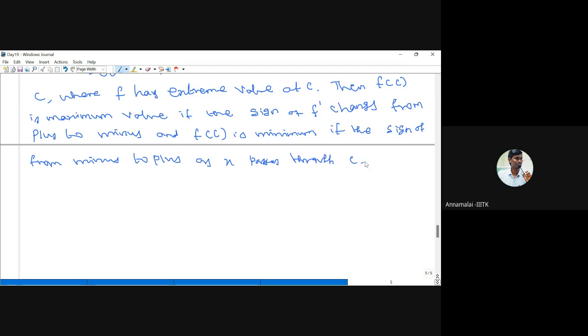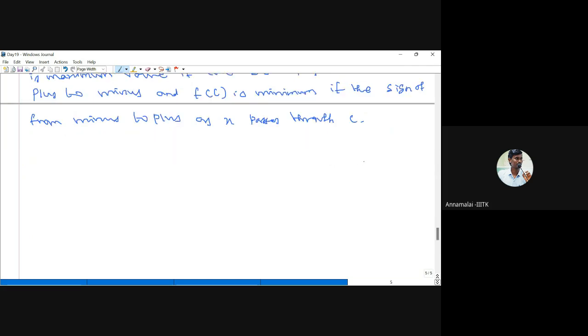Okay, maybe we discuss some example. Find the value of x for which the function defined by this is maximum or minimum. So for what values of x the function is maximum, for what values of x the function is minimum.